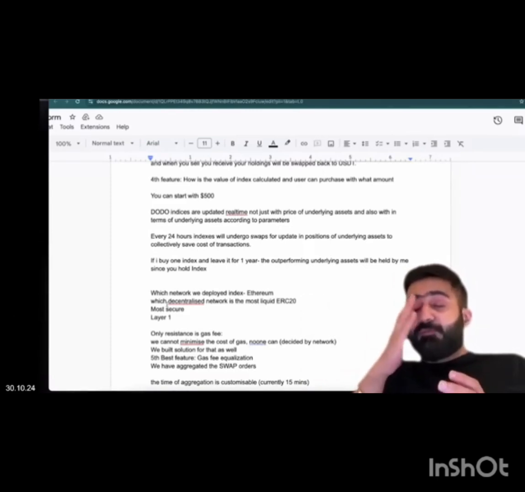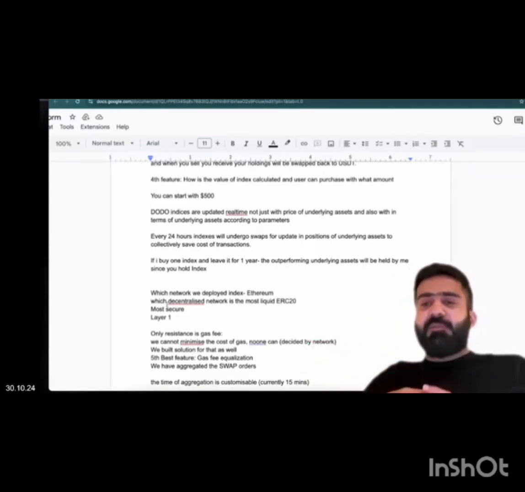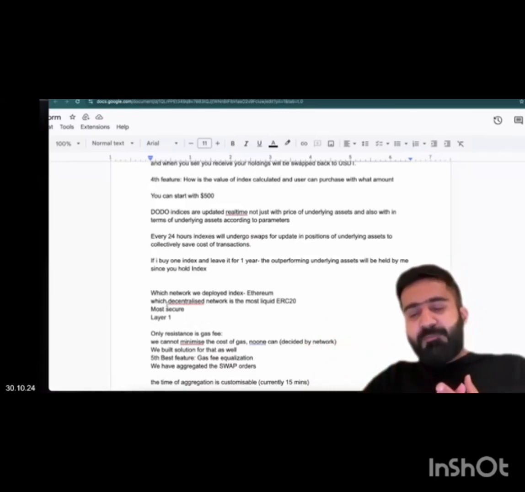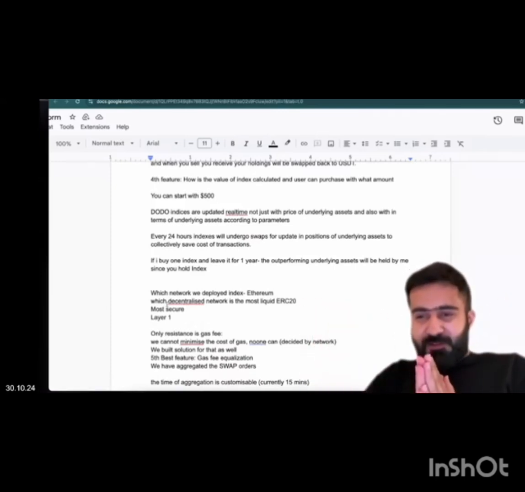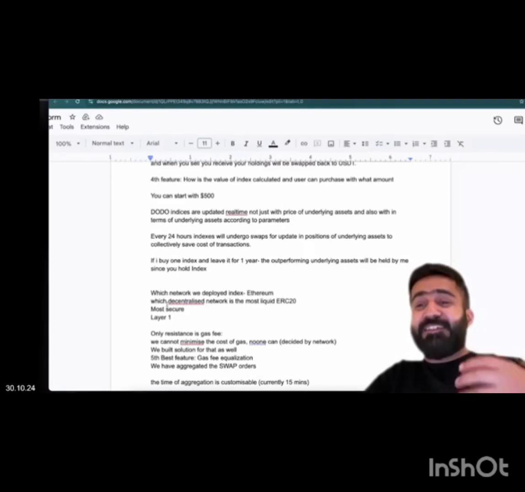Within these 15 minutes, let's say 100 people buy different indexes or swap something. The transactions of these 100 people are going to be clubbed together and executed in one transaction, and the gas fee is going to be divided amongst these 100 people.